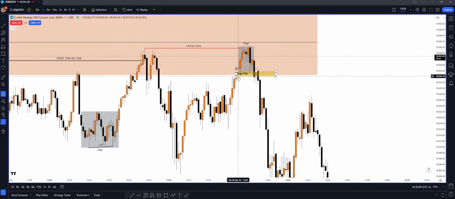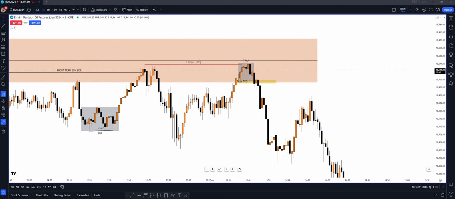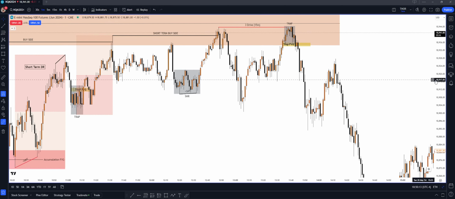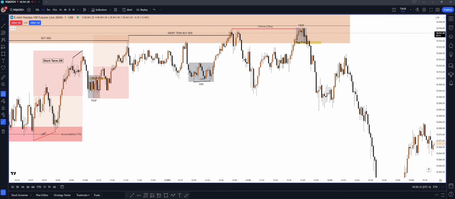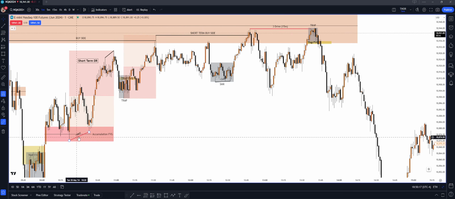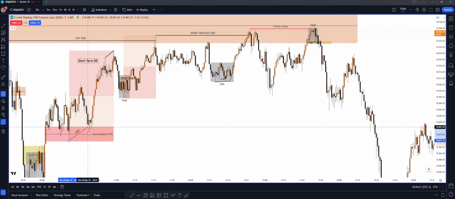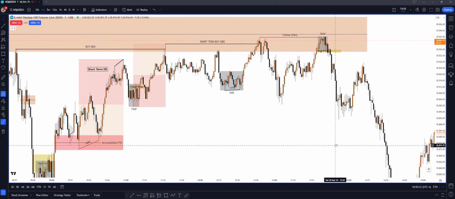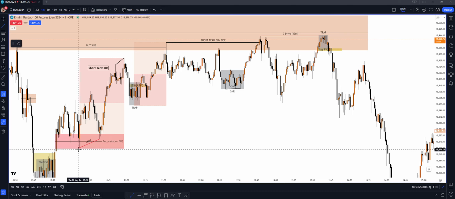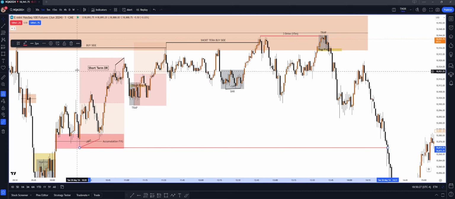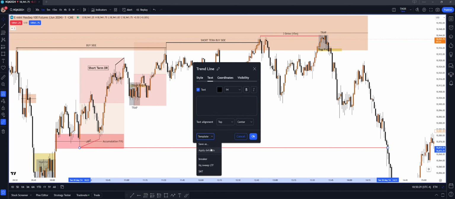So once that fair value gap was inverted, now we're looking at what? We're looking at sell side. Where's the sell side? The highest probability sell side is the S&P divergence. Okay, that is your first partial. But before pulling that, let's do this. Now you have a sell side, and this is the 5-minute market maker sell model.